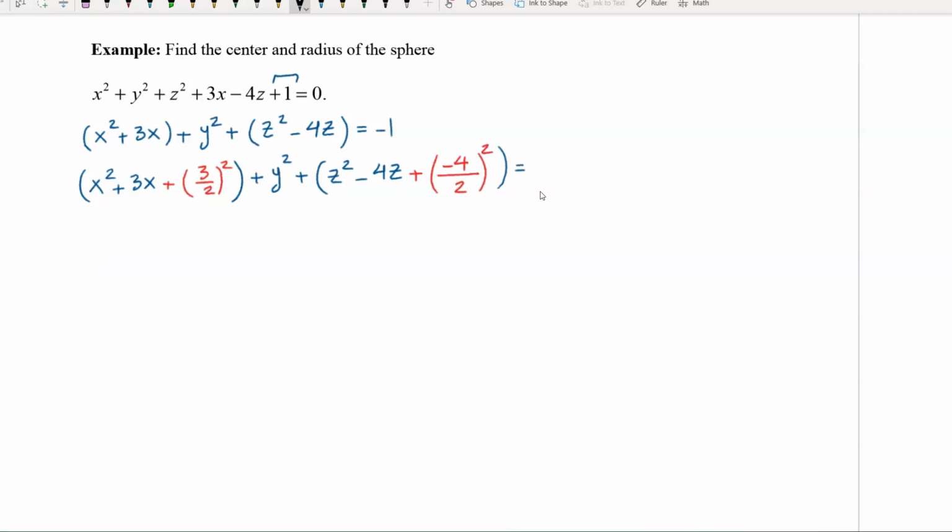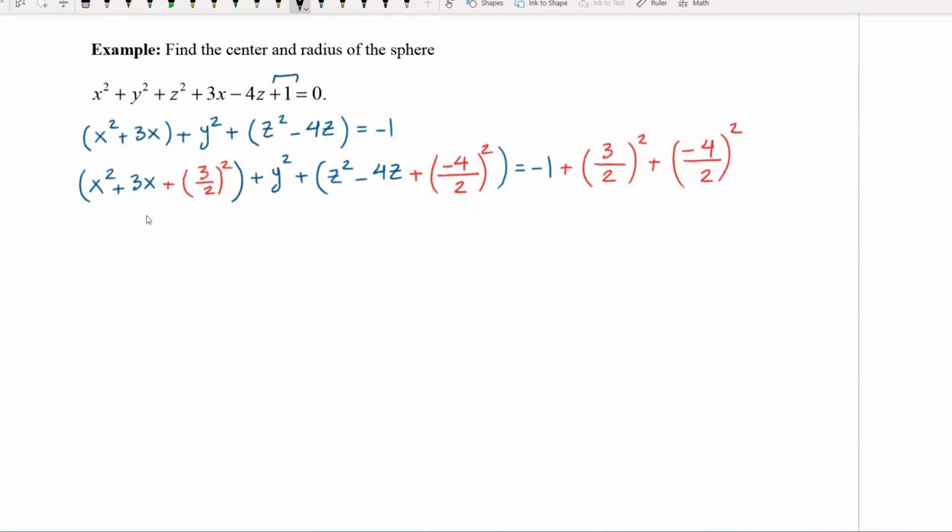So this is equal to, on right side we have -1. So on left side I added this part, I added this part. I should do the same thing on right side. So here on right side add 3/2 squared plus -4/2 squared.